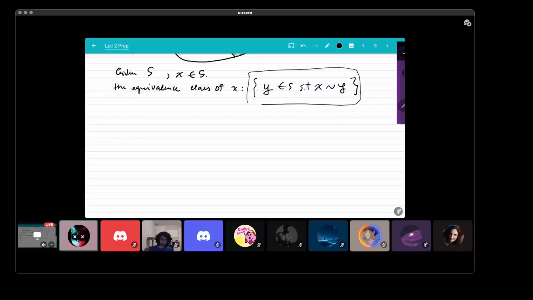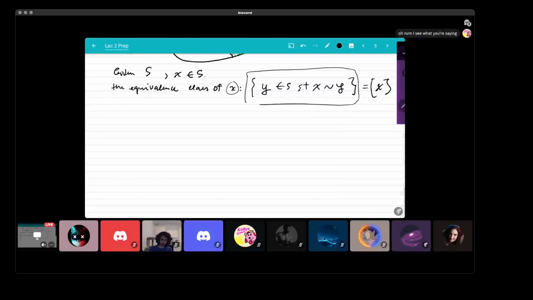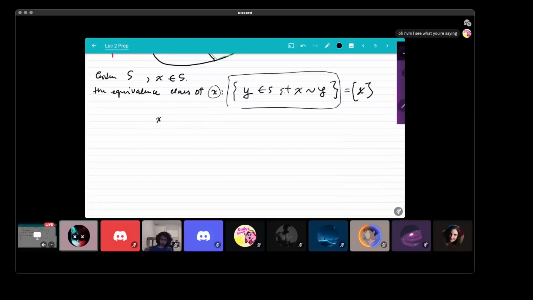So given an element, and this is denoted sometimes like this, it means that if I have an x and I regroup everything similar to it in a big set, it is the equivalence class of x.